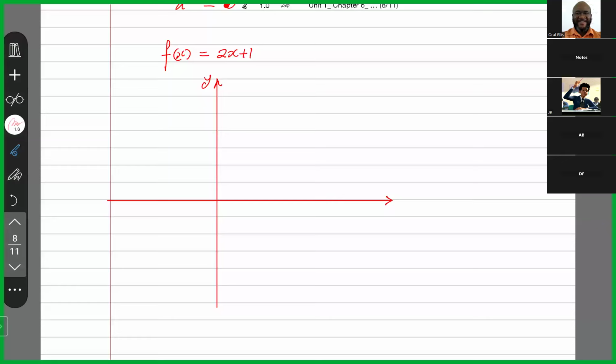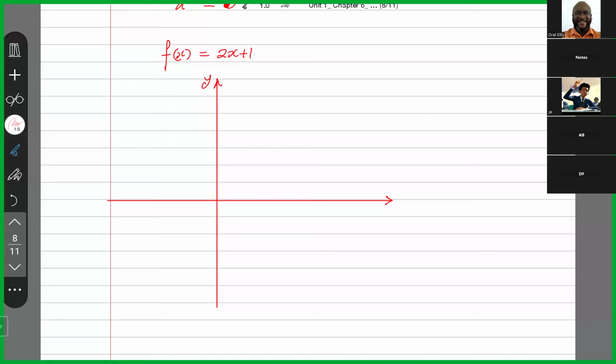You should also remember that if f of x is equal to 2x plus 1, 2 is the gradient and 1 is the y-intercept. Now, the gradient being equal to 2 and being positive means that the graph slopes upwards from left to right. That's 1.